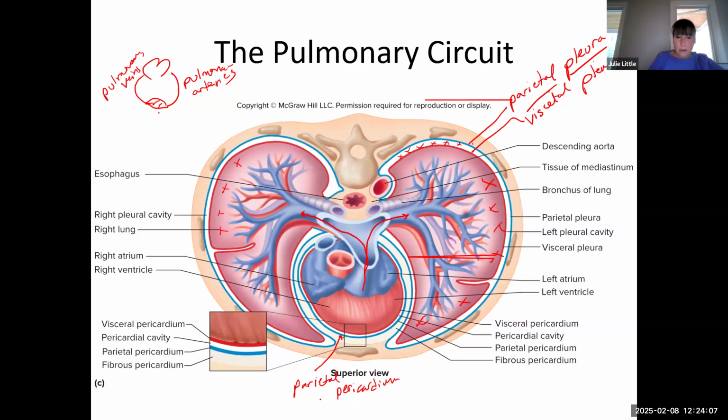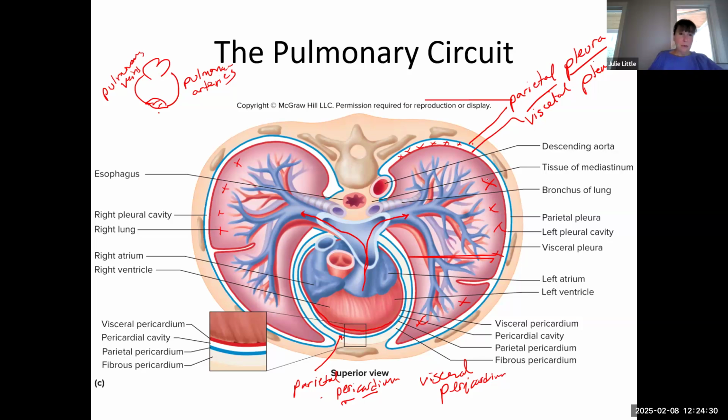Here, we're around the heart, so it's the parietal pericardium, around heart tissue. And then if we are on the outside of the heart itself, that layer is the visceral pericardium. I don't know how many times I can say that and it not sink in. People have a hard time with that.